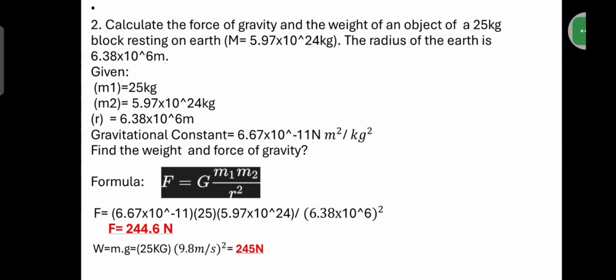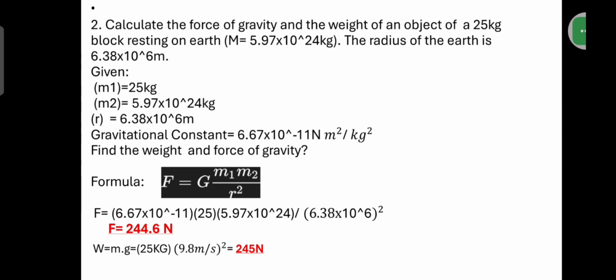M is equal to 5.97 times 10 raised to the power of 24 kilograms. The radius of the Earth is 6.38 times 10 raised to the power of 6 meters.